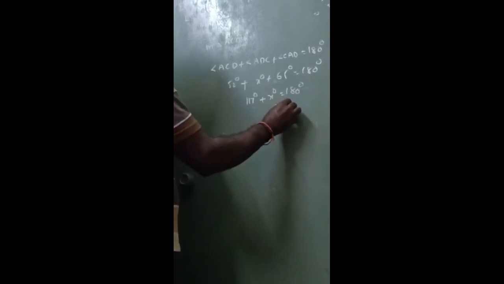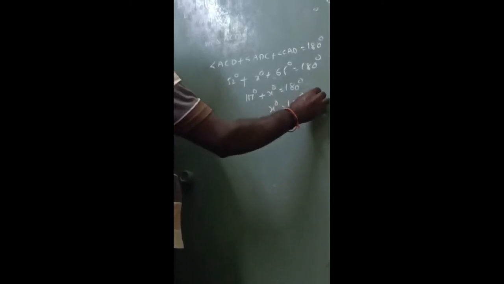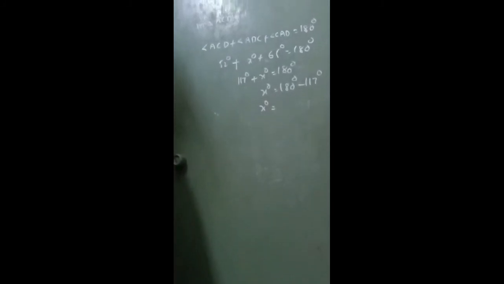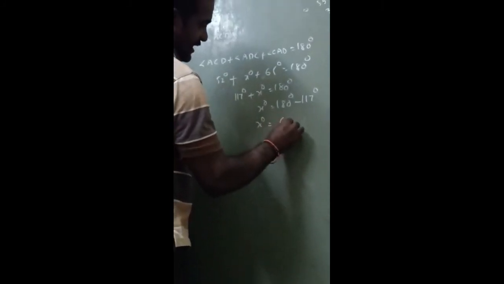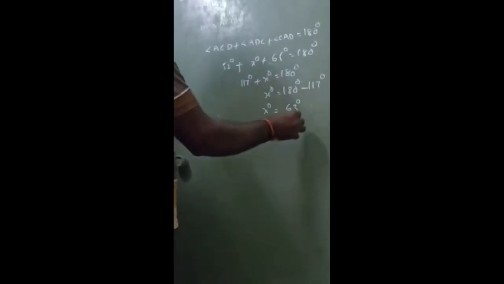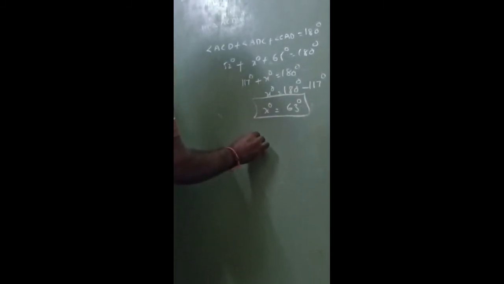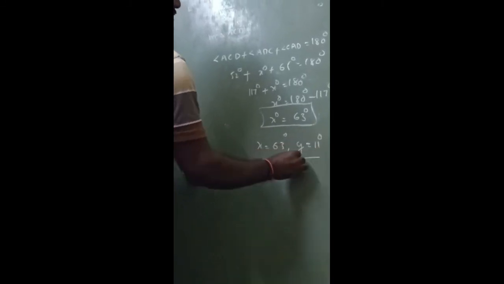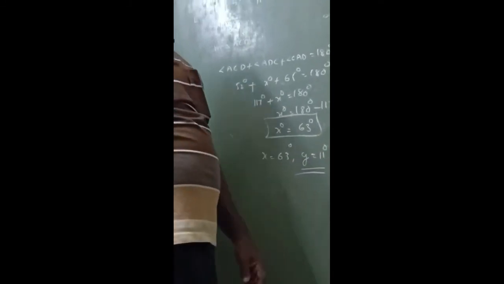So x degrees is equal to 180 minus 117, which is 63 degrees. Angle x is equal to 63 degrees and y is equal to 11 degrees. Okay?